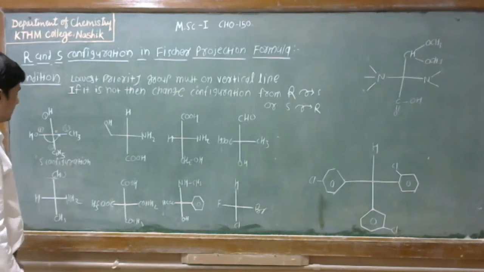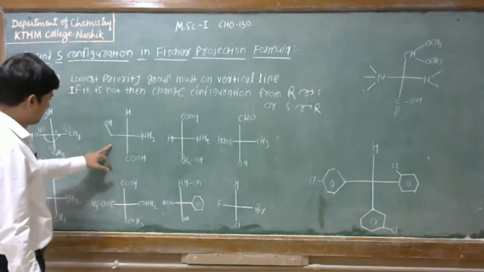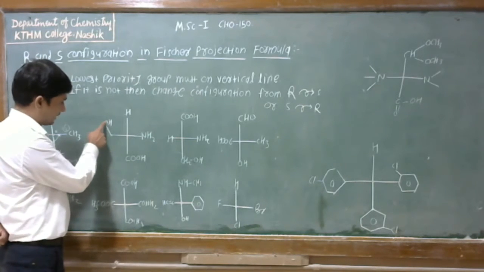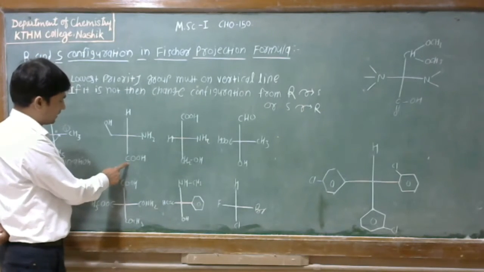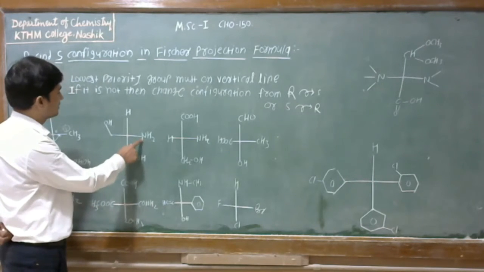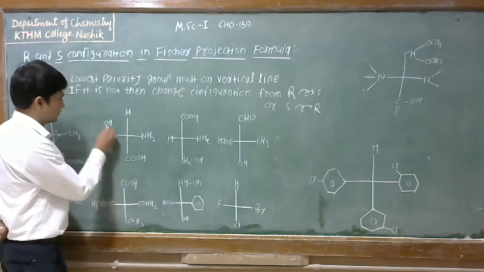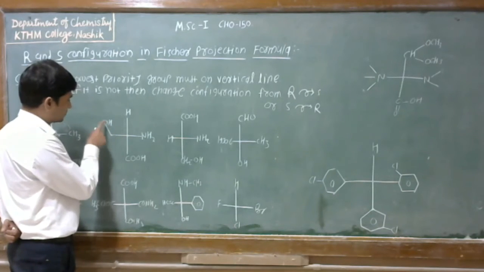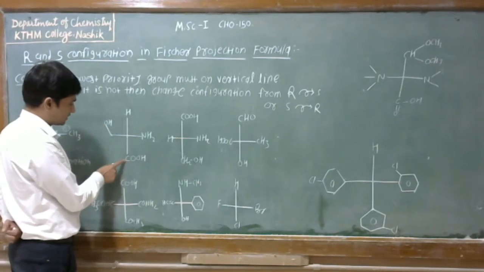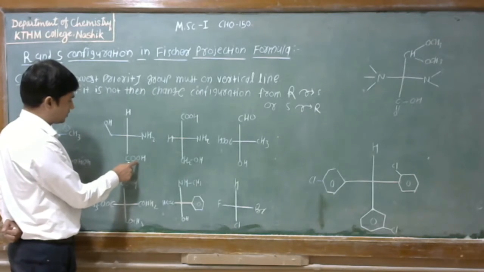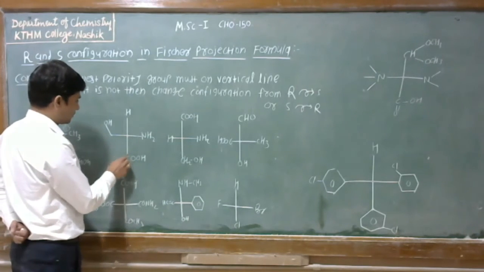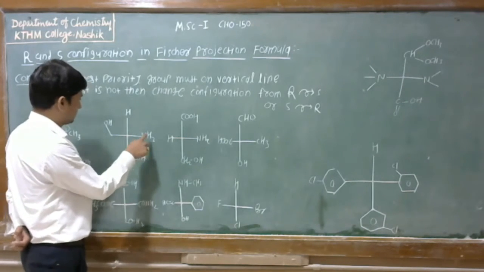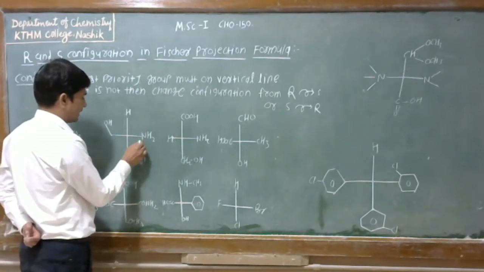Now, in the second example, see here, there are four different groups. One is the hydroxyl group, this is the acidic carboxylic acid functional group, this is the amine group, and this is the hydrogen. See here, this is carbon attached to the hydroxyl group, this is carbon attached to two oxygen groups, and this is the amine group. This is nitrogen, and we know that nitrogen has atomic number 7.